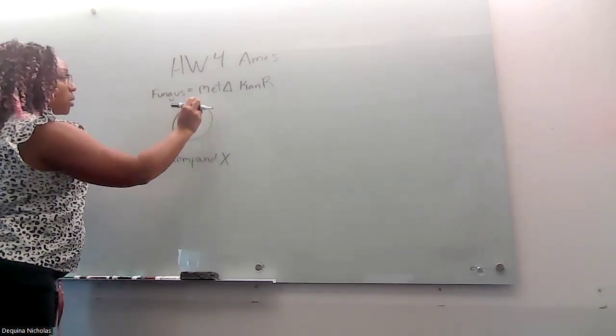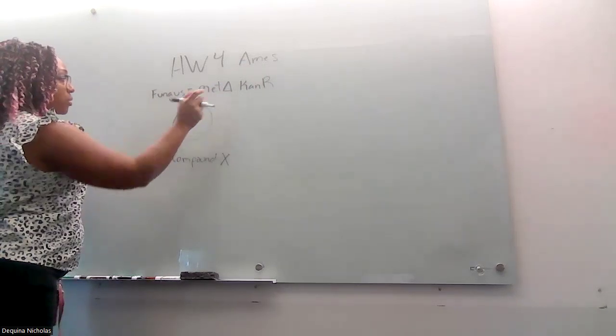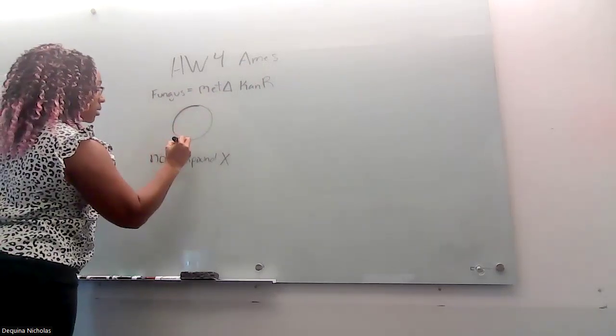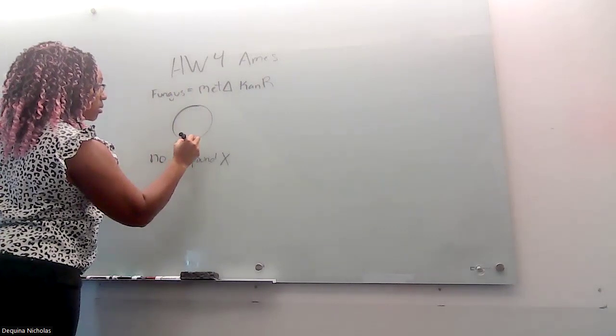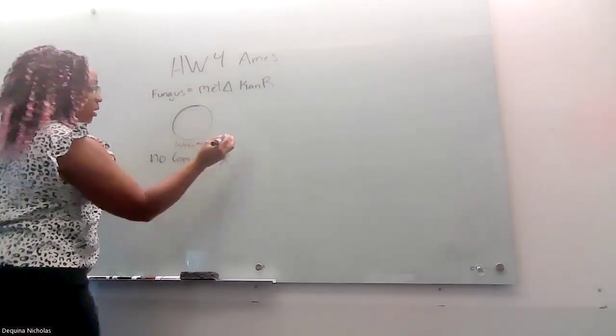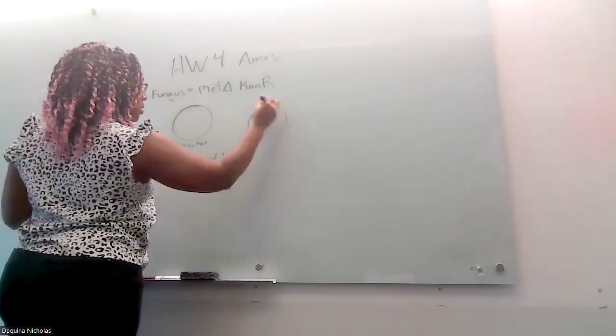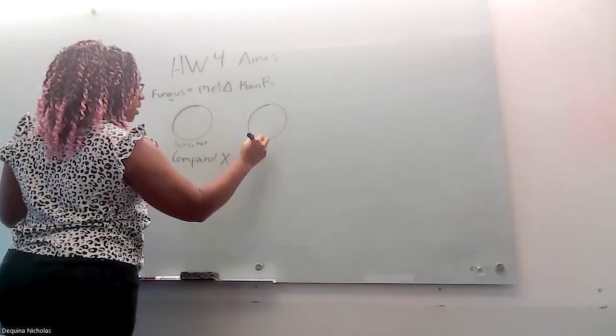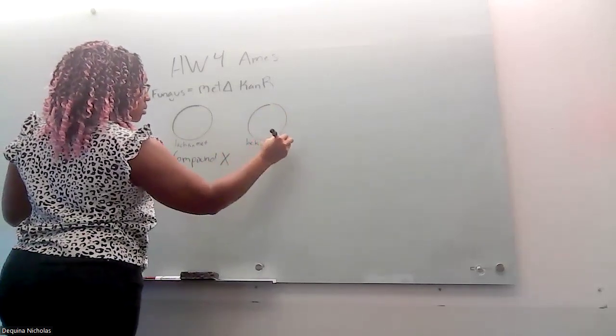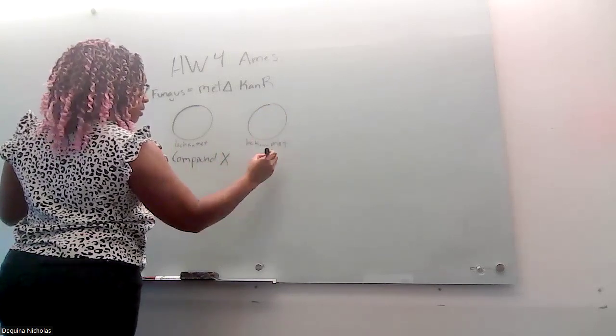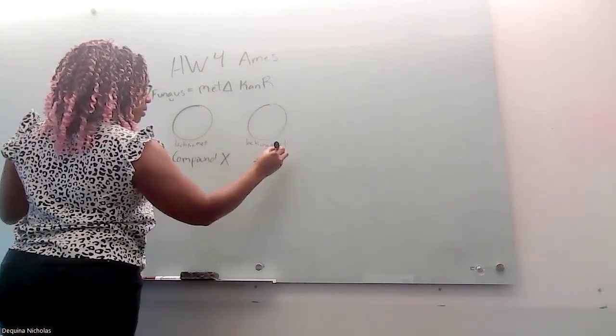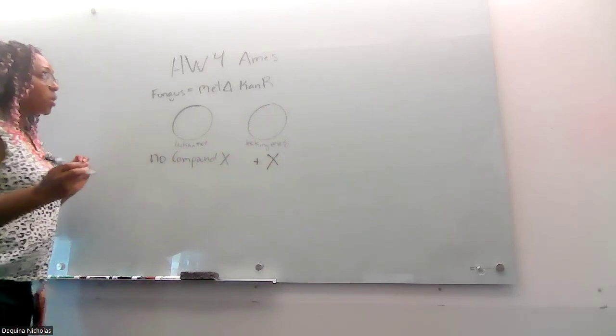Okay, so you have a methionine auxotroph, and you have a plate lacking methionine. So it's also lacking methionine, I'm trying to understand the question. Plus compound X. Okay, anything else I'm missing from the question?